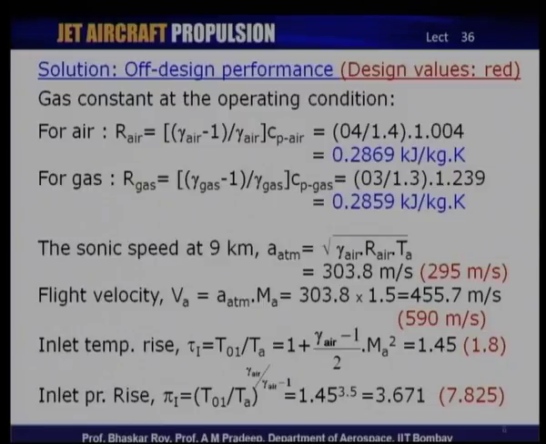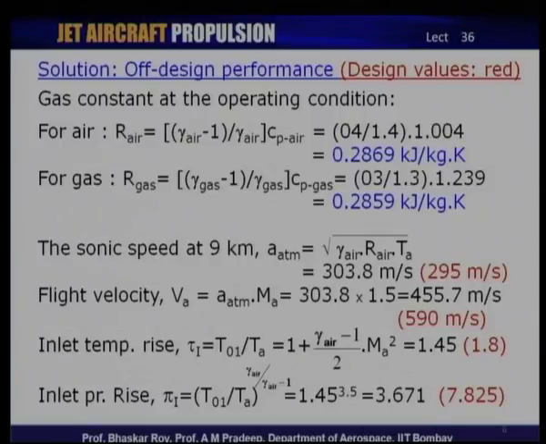To begin with, we can calculate the gas constants at the operating condition. We can do it both for ambient air, as well as for the gas, the combusted mixture of air and burnt fuel, and the combination gives us the gas constant R value.